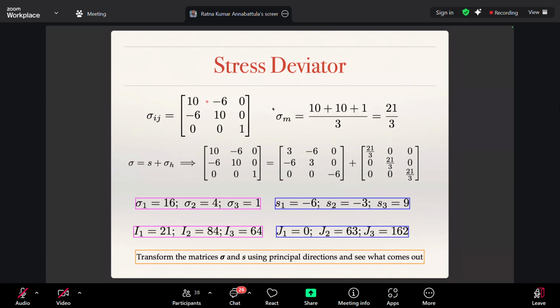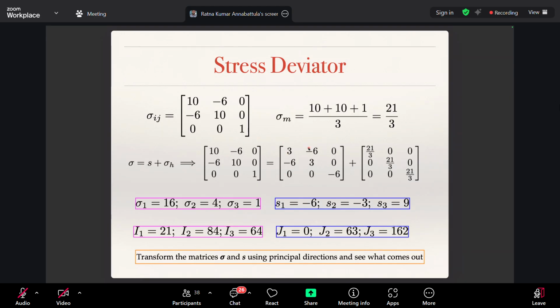So sigma H, the mean stress or hydrostatic stress, is (10 plus 10 plus 1) by 3, that is 21 by 3, that is 7. So your hydrostatic stress will be 7, 0, 0; 0, 7, 0; 0, 0, 7. And this is your total stress. So the deviatoric part will be 3, minus 6, 0; minus 6, 3, 0; 0, 0, minus 6.